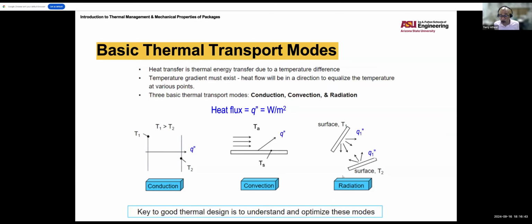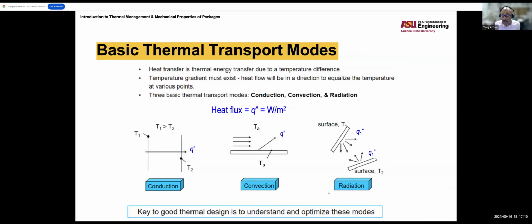And then radiative transfer, we need two surfaces. And make the correction, that should be Q2 right here. So we have two surfaces that can have two different heat fluxes coming off of them.